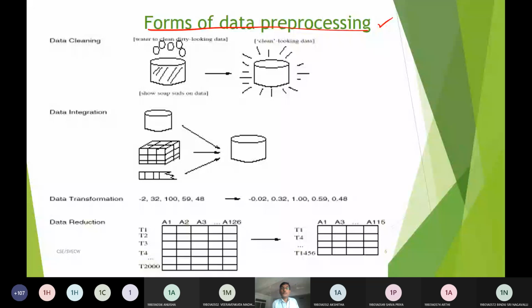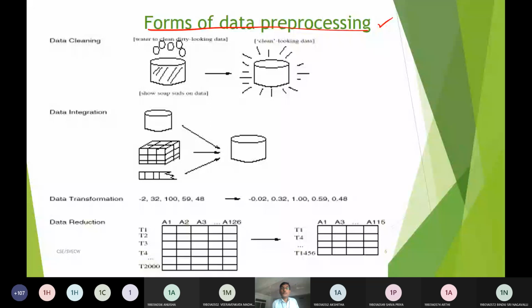So what we need to do is take A, get B, get C, and put all of them together. Obviously, it has to be brought together as a data warehouse. So data integration gets data from multiple sources.